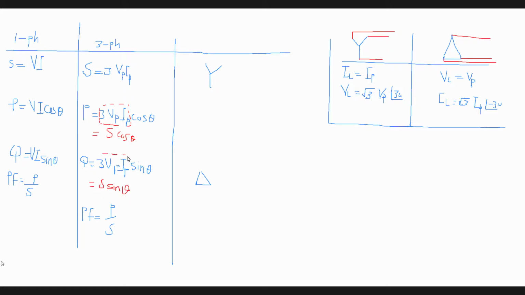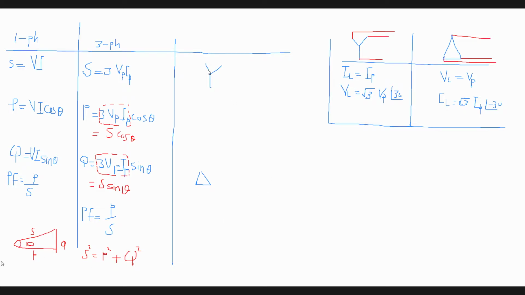Because this is basically just S, the apparent power. And there is one more, that S squared equals P squared plus Q squared. And this is because they make a triangle. This is P, this is Q, right triangle, and this is S, and this is the angle theta.